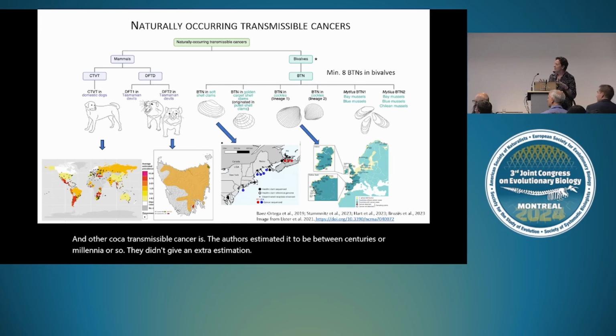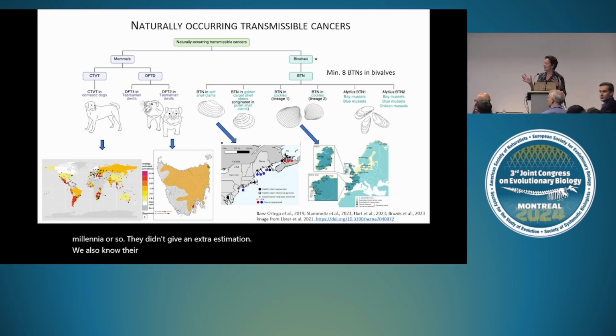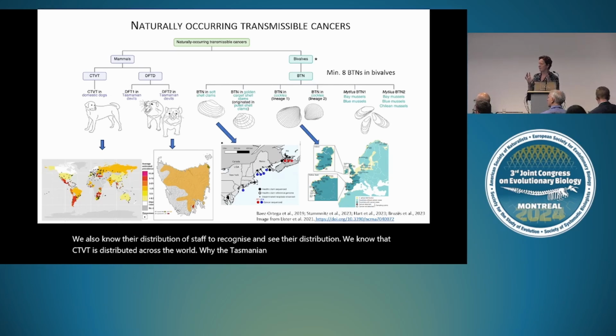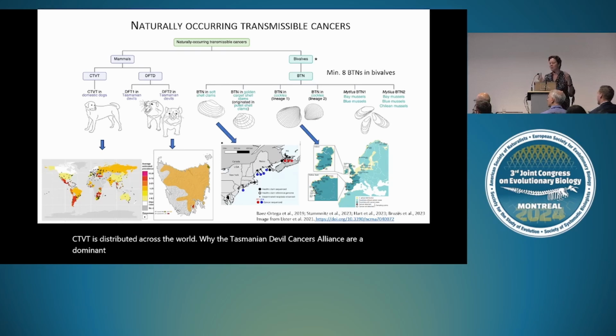We also know their distribution, or start to recognize and see their distribution. We know that CTVT is distributed across the world, while the Tasmanian devil cancer cell lines are at the moment restricted to Tasmania because the species is restricted to Tasmania. One of those cell lines, the older one, spread across the island and wiped out the Tasmanian devils, and the other one just recently emerged in the early 2010s.